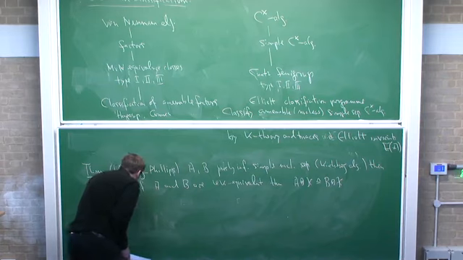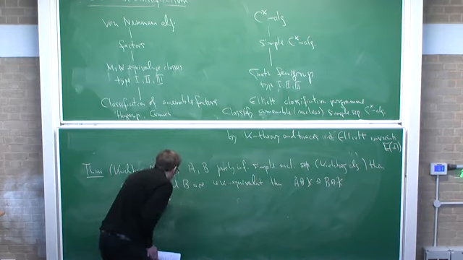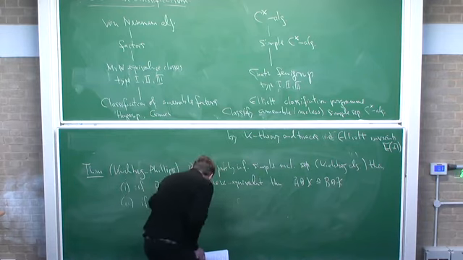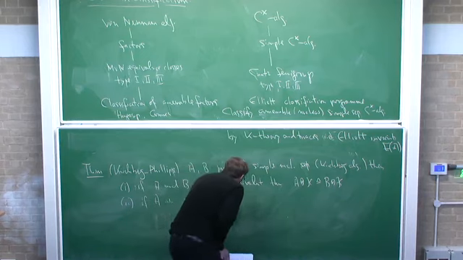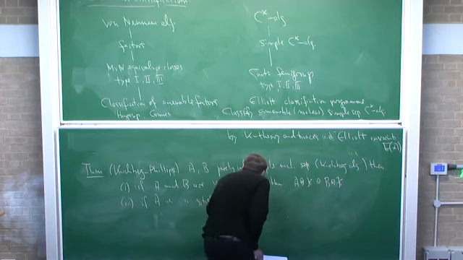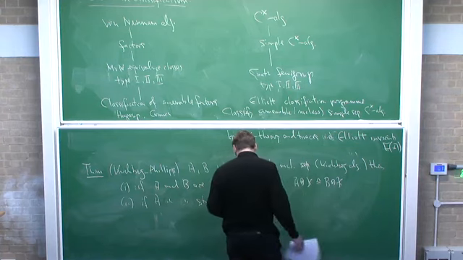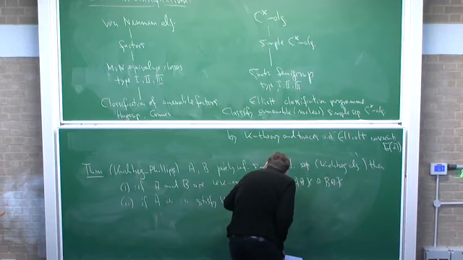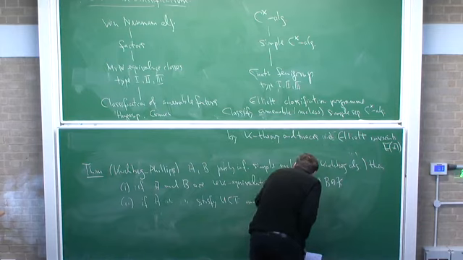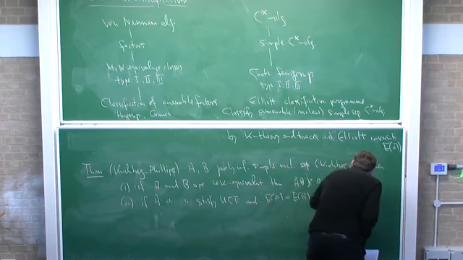And the second part here uses the UCT: if A and B satisfy the UCT, that means basically K-theory determines KK-theory, and so when EA is equal to EB, then A and B are isomorphic.